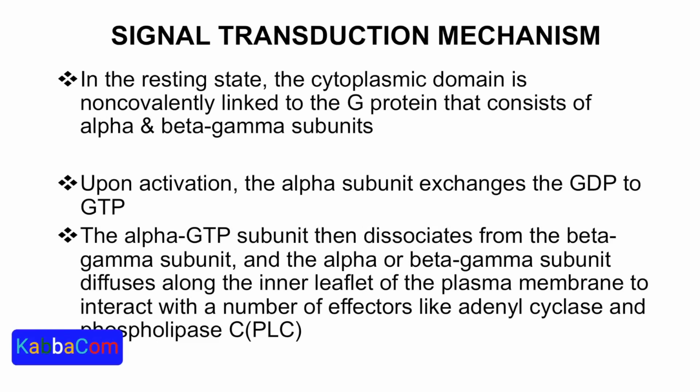In other words, it attaches back to its original location, waiting for yet another drug, or another ligand, to bind. So basically that is how G protein coupled receptors work.